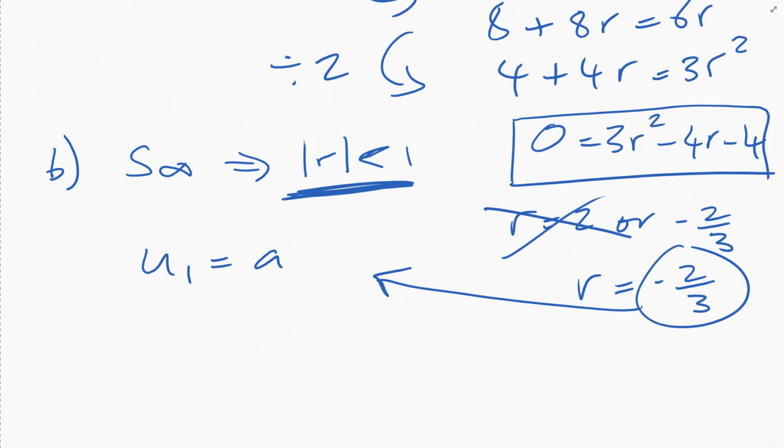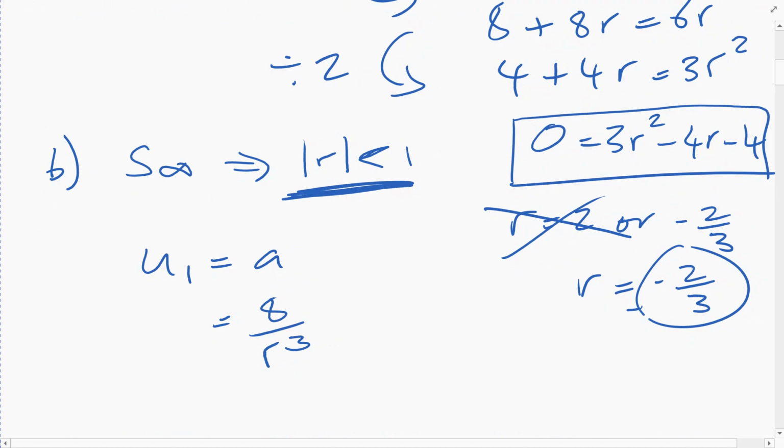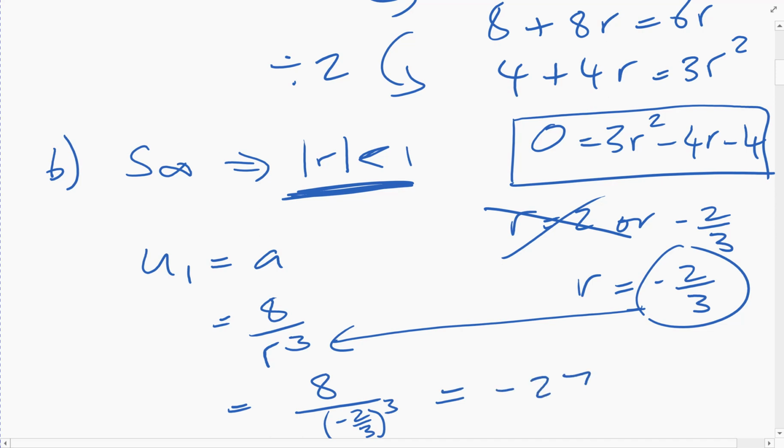So we've got 8 over -2/3 cubed, and if you type that into your calculator, you get -27.